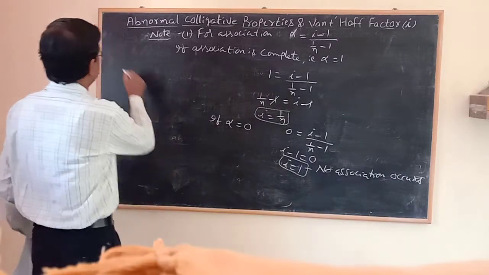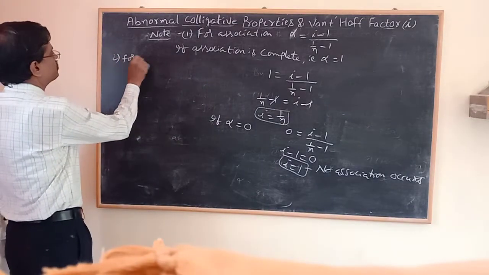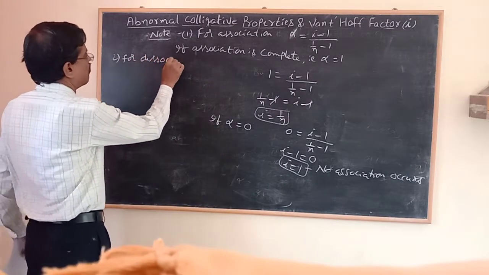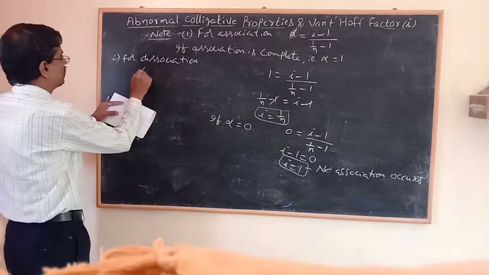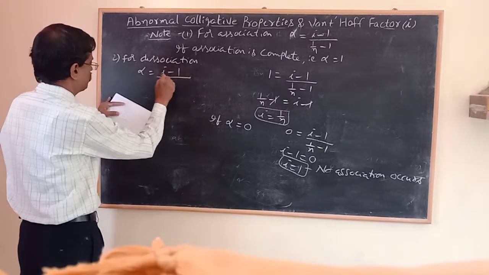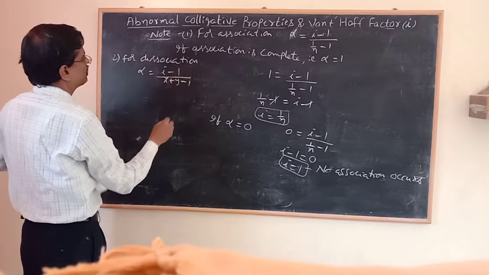Then we will discuss the second factor, for dissociation. The factor for this is alpha is equal to I minus 1 divided by x plus y minus 1.